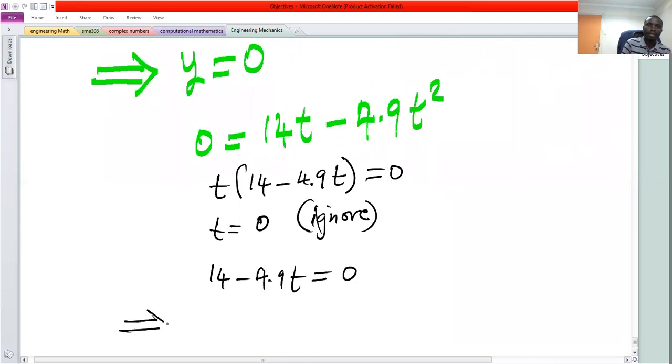So this implies that 4.9t equals 14, which implies that t equals 14 over 4.9.